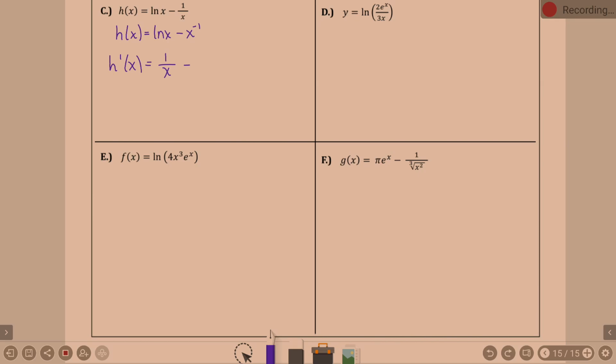X to the negative second. Okay, it's going to become plus x to the negative second. Are you with her? Which, I'm going to rewrite this as 1 over x plus 1 over x squared.